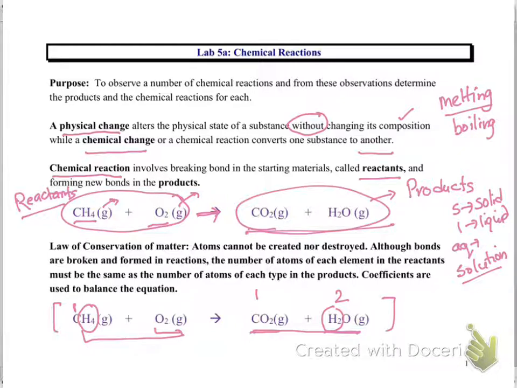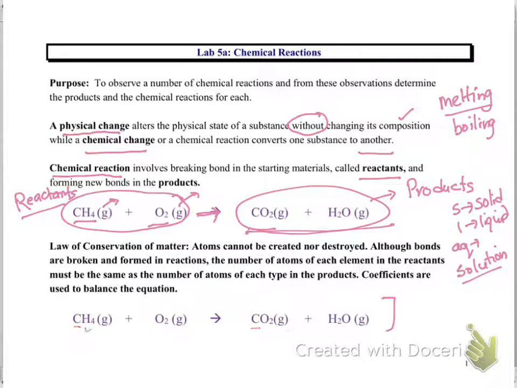So what we do is we put coefficients to balance the equation. What does coefficient mean? The coefficient means the numbers that are written in front of the formula. So here my CH4 was already balanced. My C was already balanced.